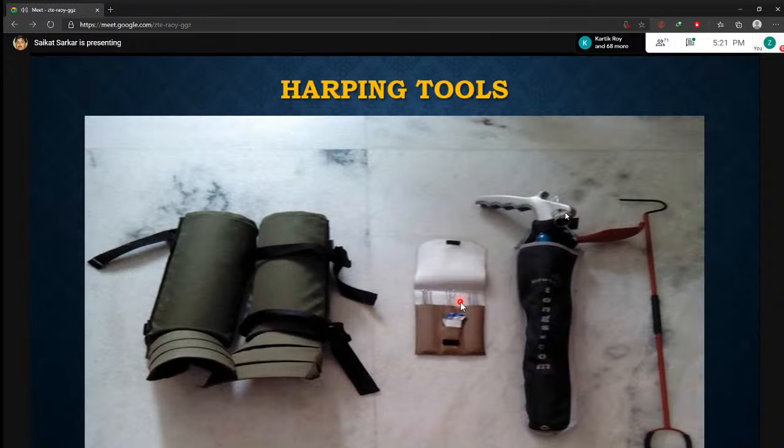Now, this is the tongs that are foldable. These are all imported materials from America, and this is the foldable tongs. You see, this is the head of the tongs. These have a pressed head so that it doesn't hurt while we catch the snake.